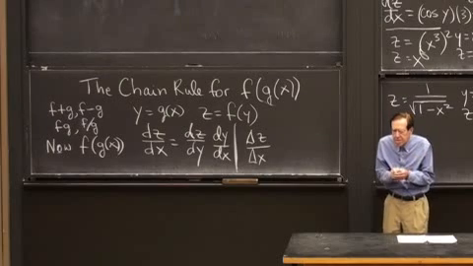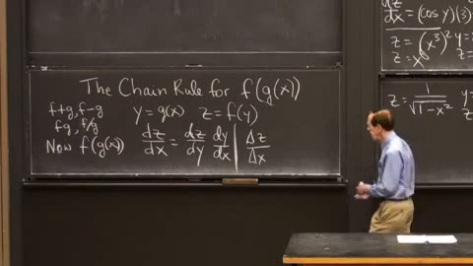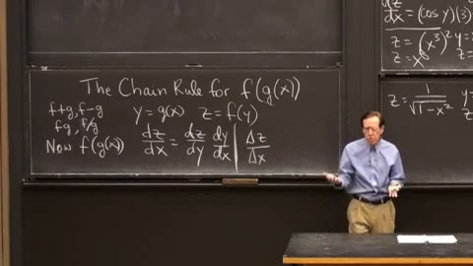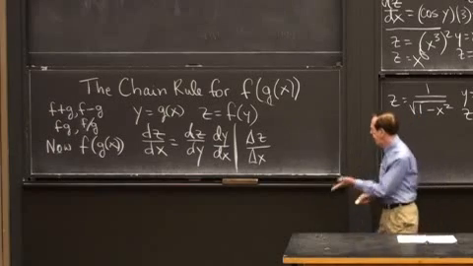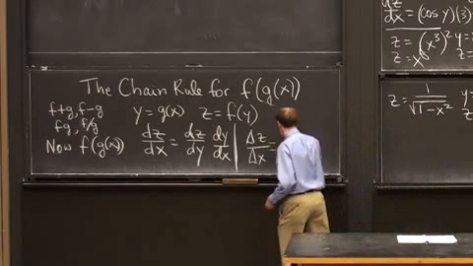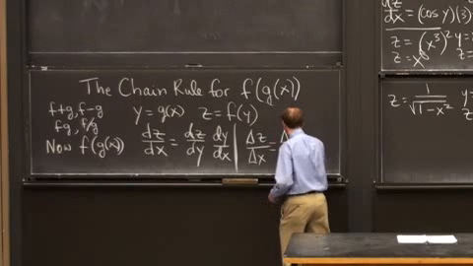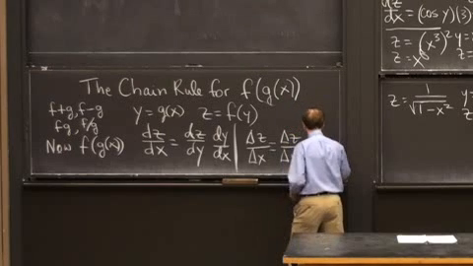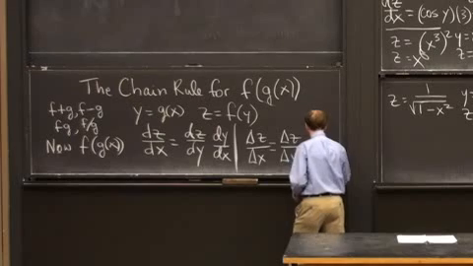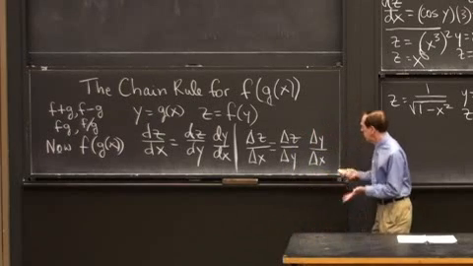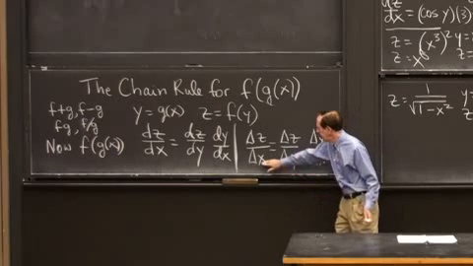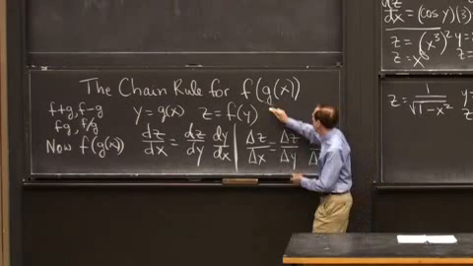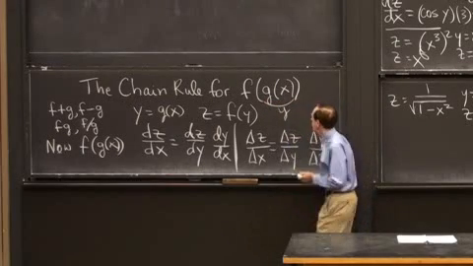Those are true quantities, and for those I'm perfectly entitled to divide and multiply by the change in y, because there will be a change in y. When I change x, that produces a change in g of x. You remember this was the y.